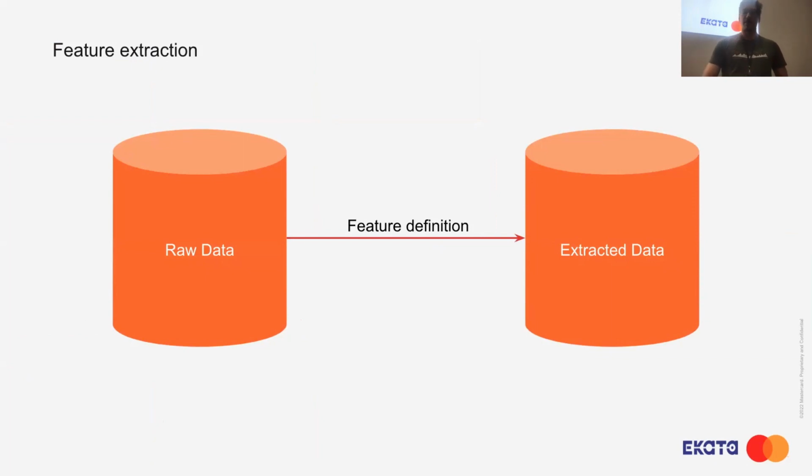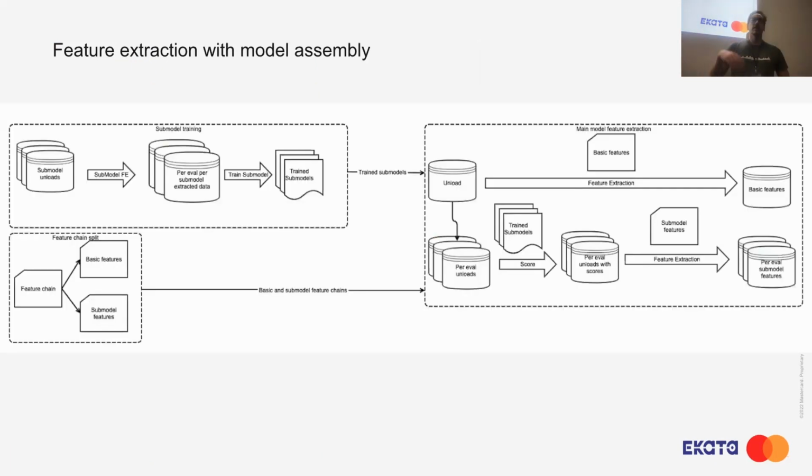Complex cases can arise, however, when you have things like model assembly. This is the case when the output of a model is the input for the other one. So you try to combine your models, then you will come up with something like this. And now you have to take care of parallelization and data sharing within this complex setup.